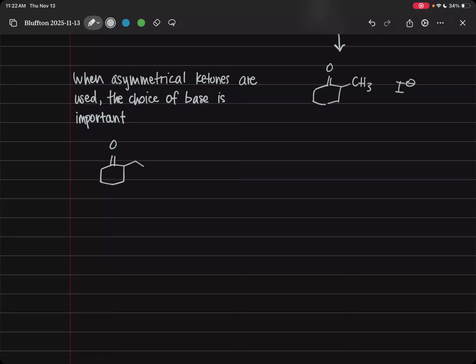So we can use LDA. That's typically done at minus 78 degrees Celsius. Anybody know why? That's a very specific temperature. Anybody know what that corresponds to? That's the sublimation point of dry ice.